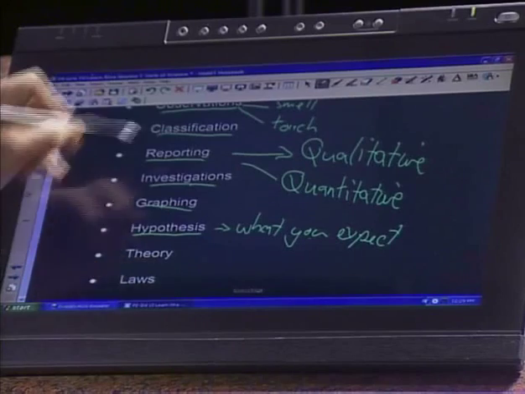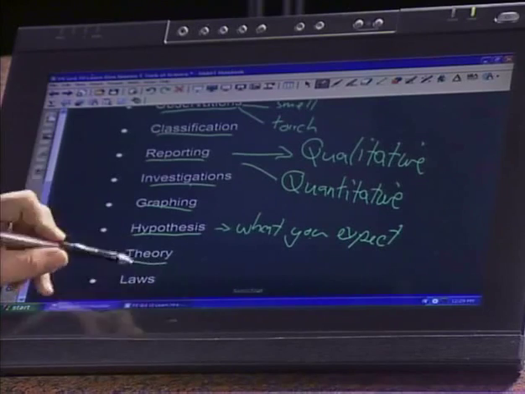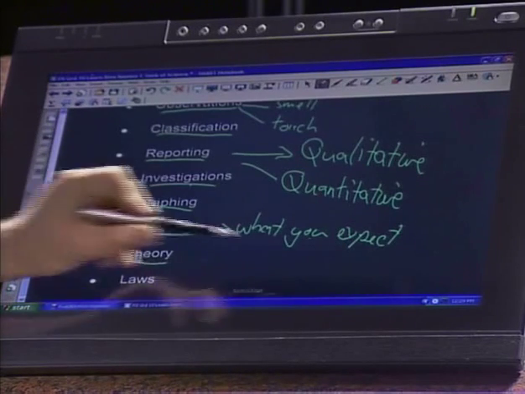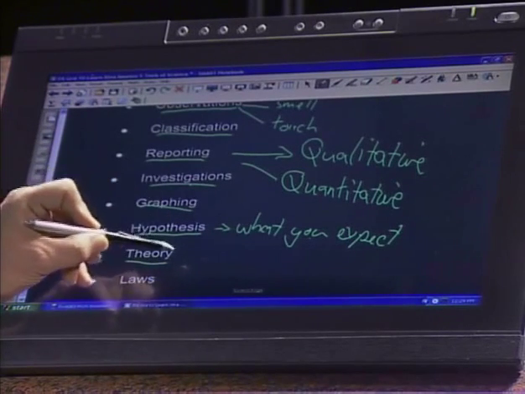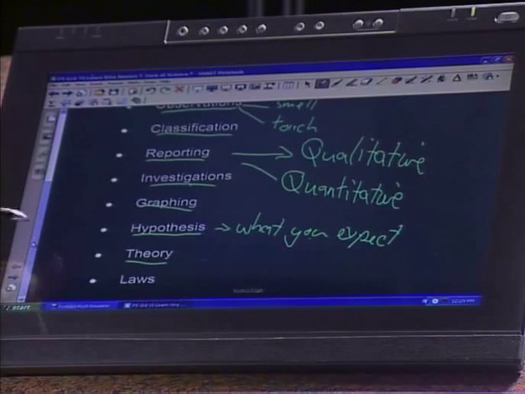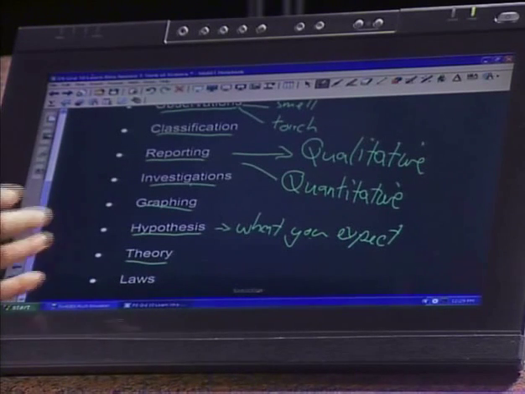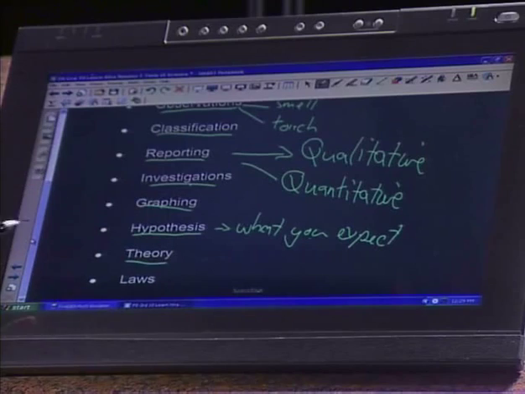Now, all of these observations are collected together into what we recognize as a theory. After people have done experiments, they come up with their ideas and put them together, and they write their observations together and they come up with what we call a theory. Now, a theory tries to explain what's happening. For example, Newton recognized that the apple fell to the ground.